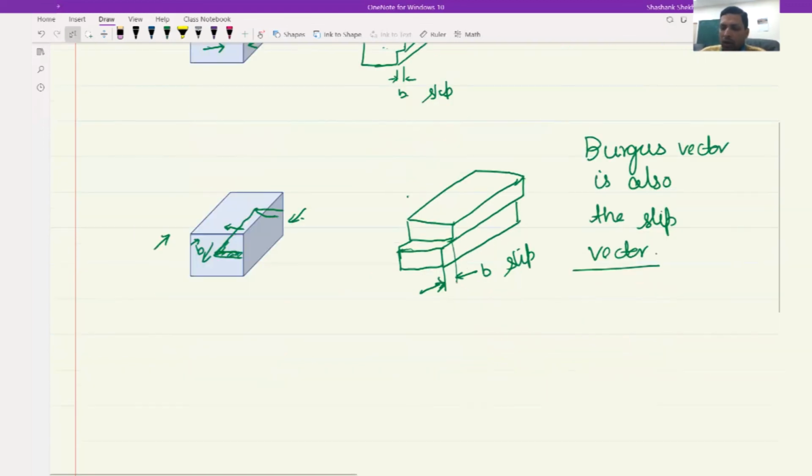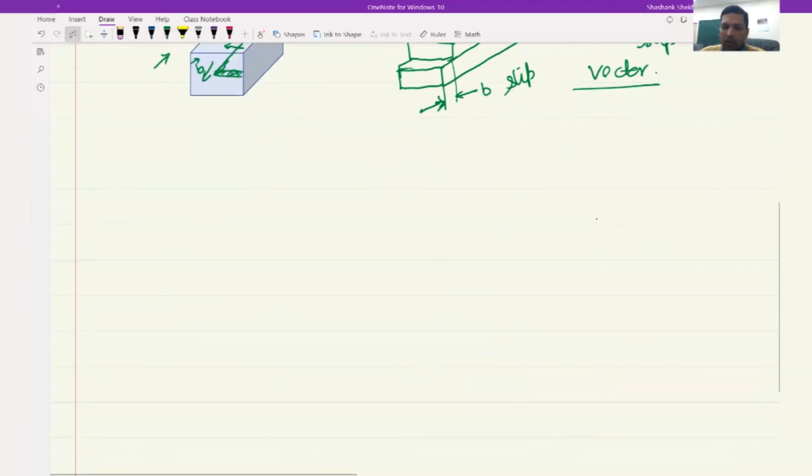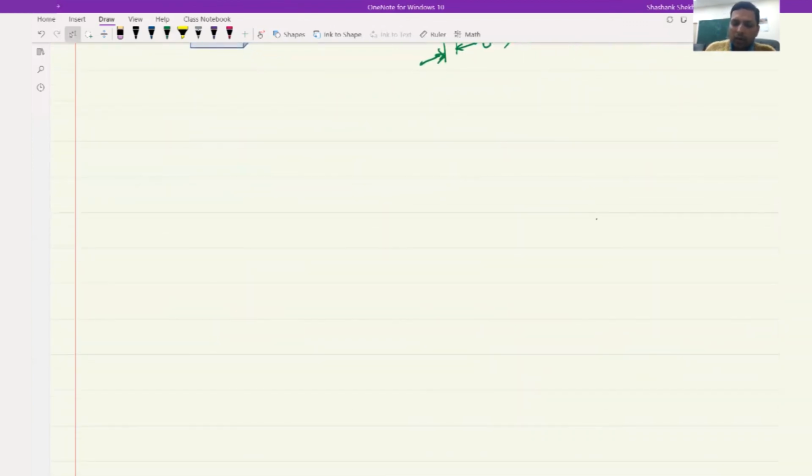Now let's summarize this with respect to the Burgers vector. What we have realized is that the Burgers vector is the shortest lattice translation vector.